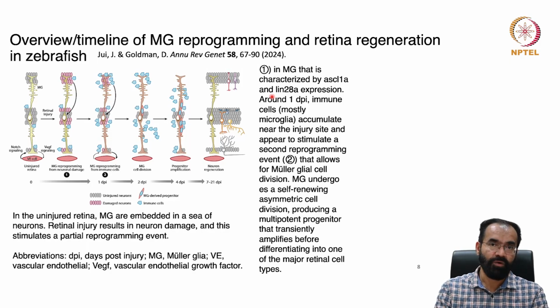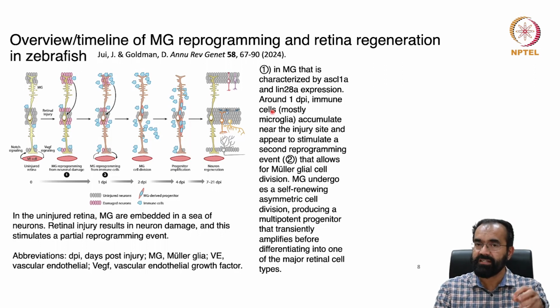Around 1 DPI, 1 day post injury, immune cells, mostly microglia, accumulate near the injury site. Microglia are other wandering types of glial cells that come into the retina. They accumulate near the injury site and appear to stimulate a second reprogramming event.